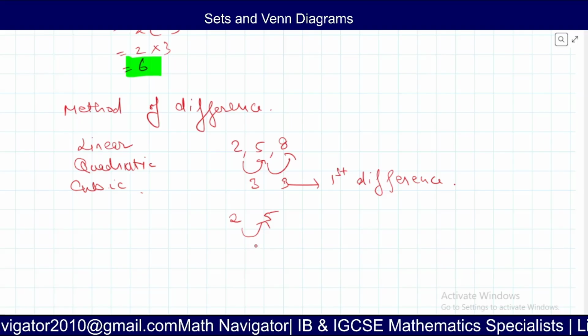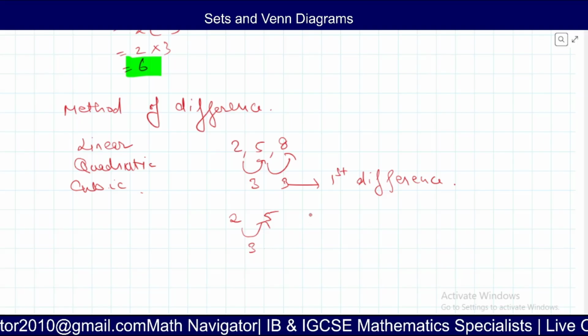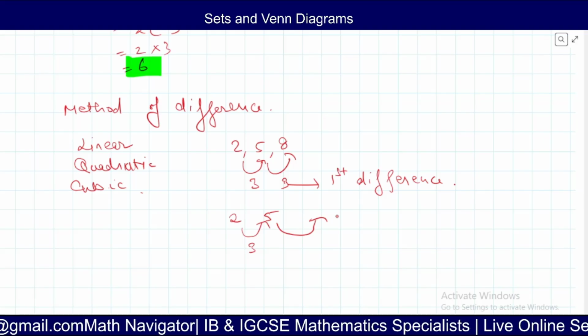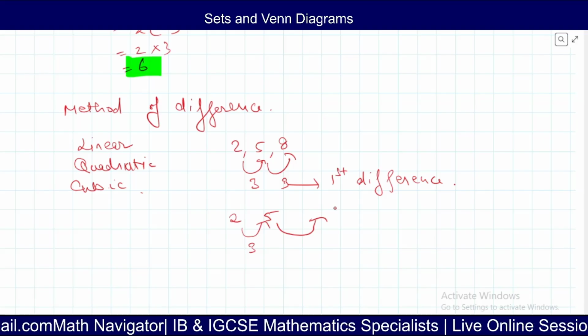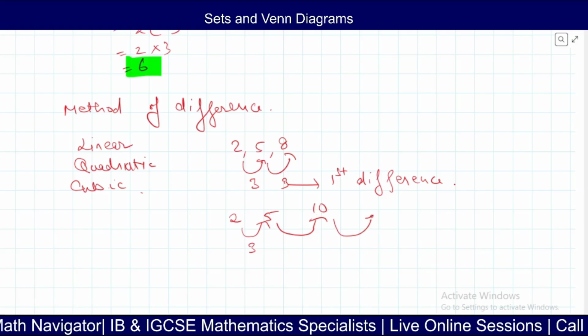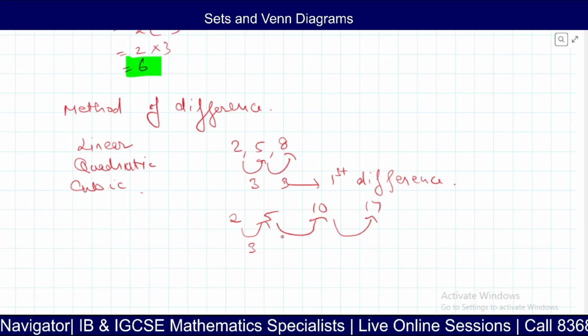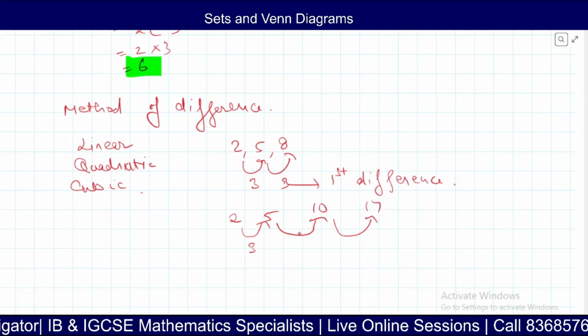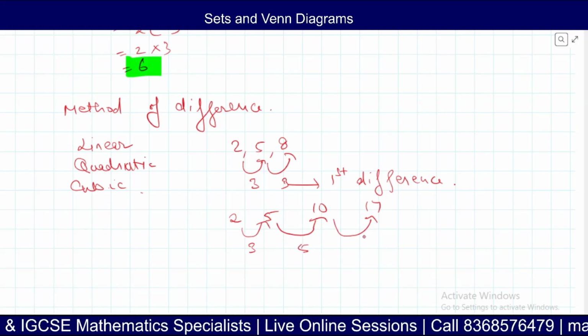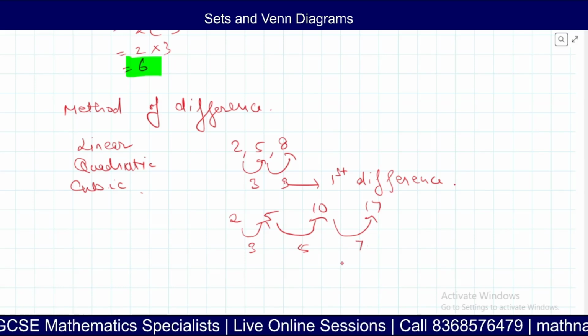Let's say I have the numbers 2, 5, and then I'll add 5, so 10, then I have 17. So what is happening from here to here? The difference is 3, and from here to here the difference is 5, and here to here the difference is 7.